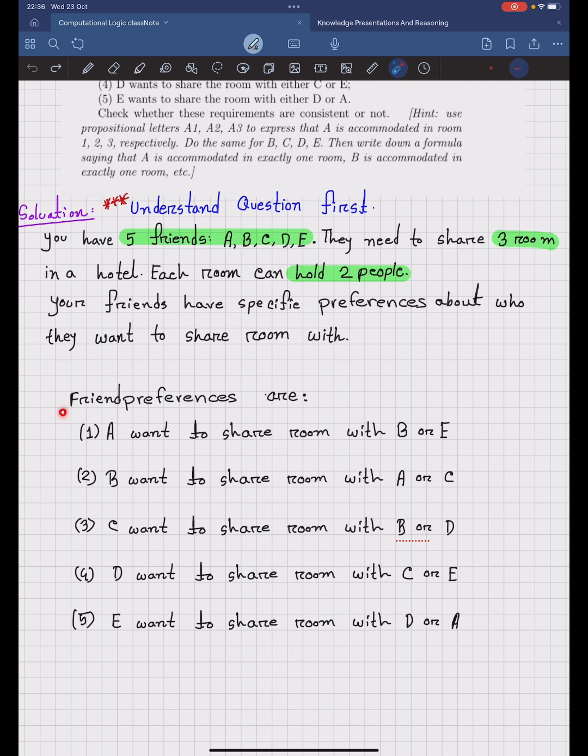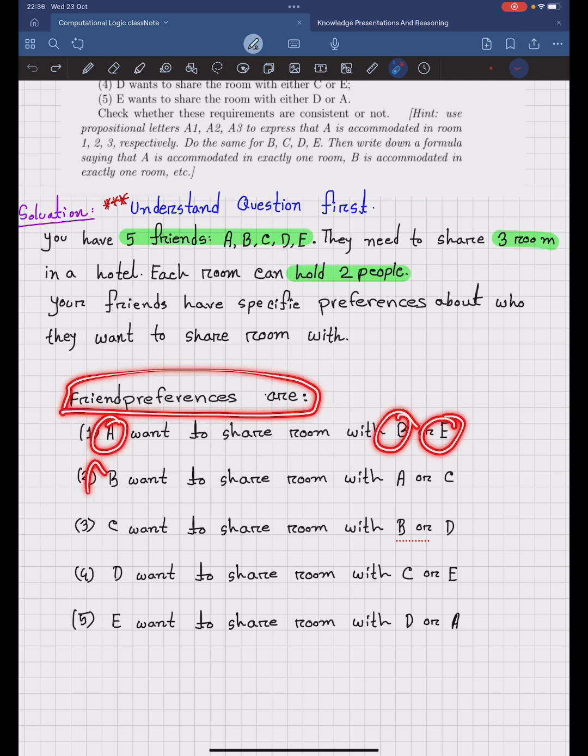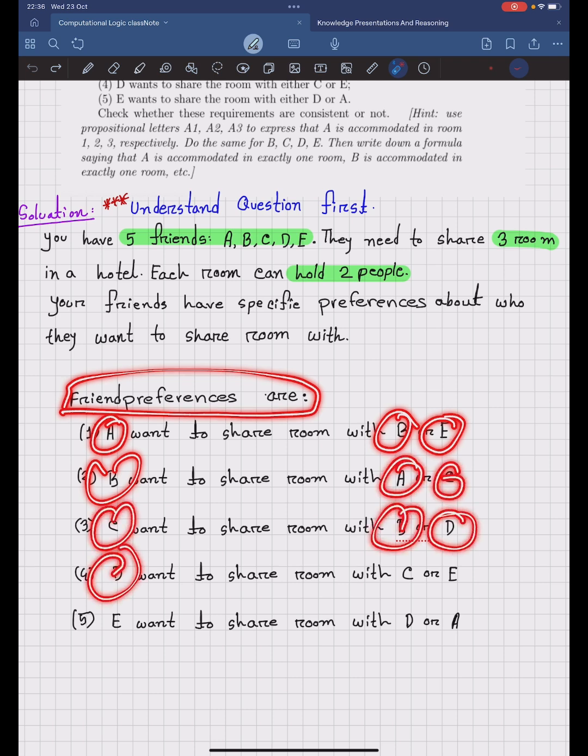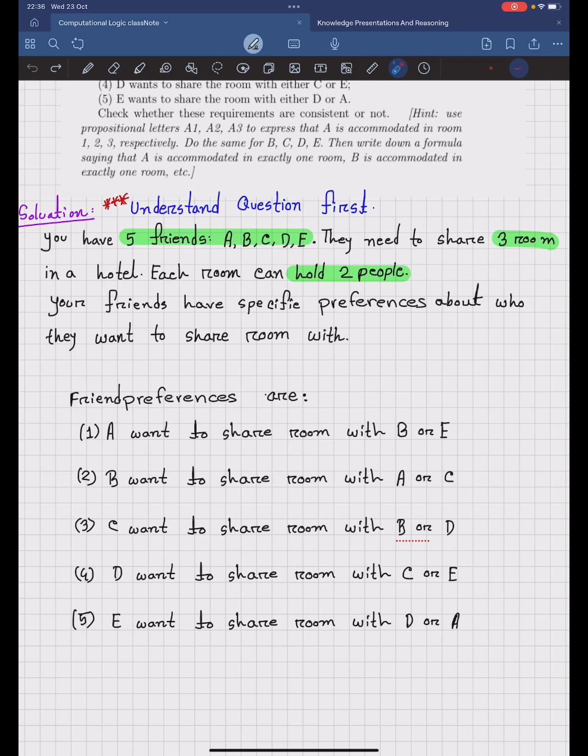The friend preferences are: A wants to share with B or E, B wants A or C, C wants B, D wants to share with C or E, and E wants to share with D or A. But here is a point about this. If I take the first example, A wants to share a room with B or E.